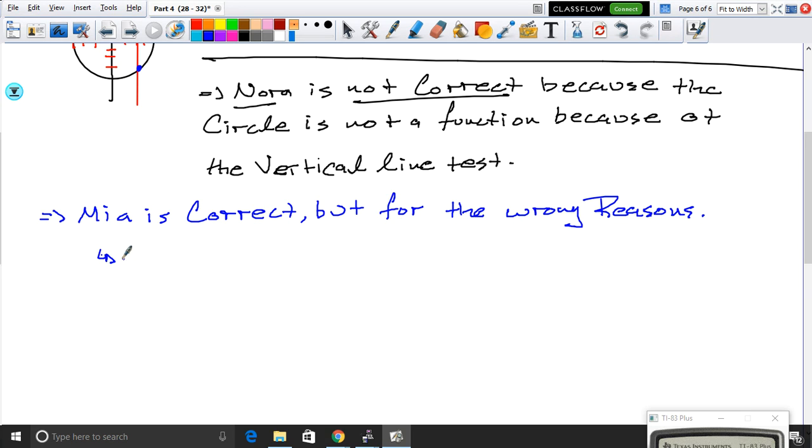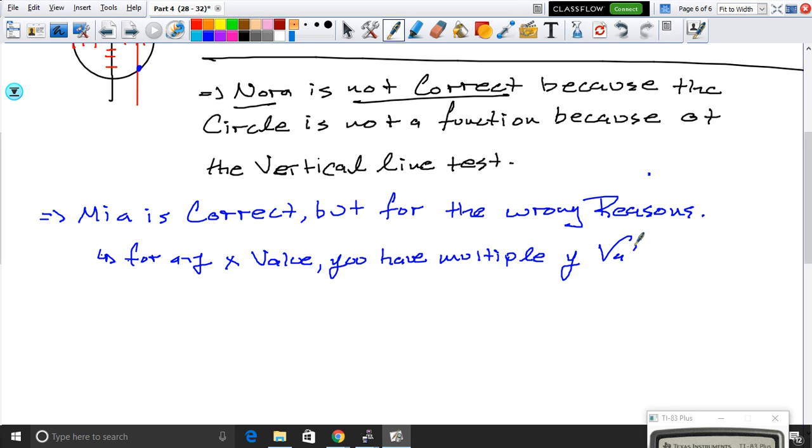was that for any x value, you have multiple y values.